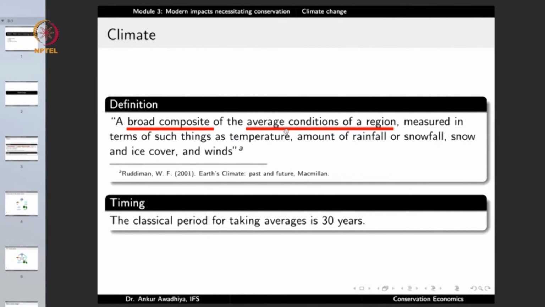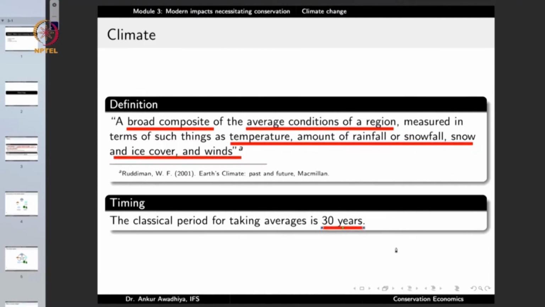So, it is a broad composite of average conditions of a region measured in terms of such things as temperature, amount of rainfall or snowfall, snow and ice cover, and winds. So these are different variables through which we describe the climate of a place. And when we talk about the average conditions, the classical period for taking these averages is 30 years.